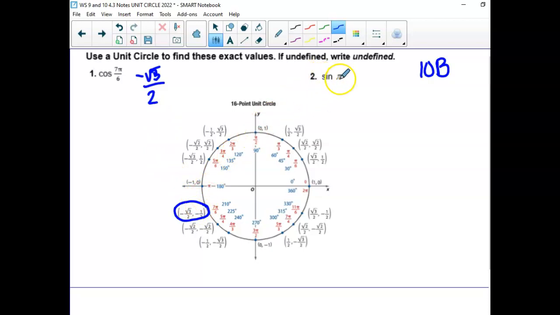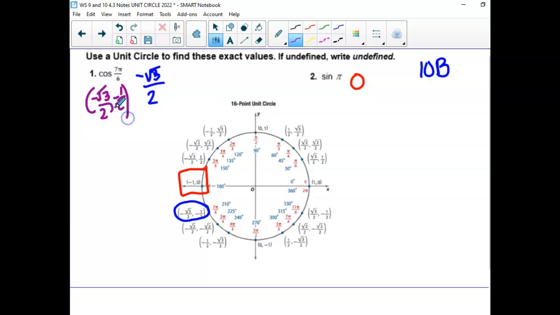Number 2 says go to pi, which is this one, and write down the sine value. What's sine again? The y value. So we write down, you know what? I forgot, can you write down the ordered pair? Because this will help me give you partial credit on the quiz, if I know you at least got to the right ordered pair.